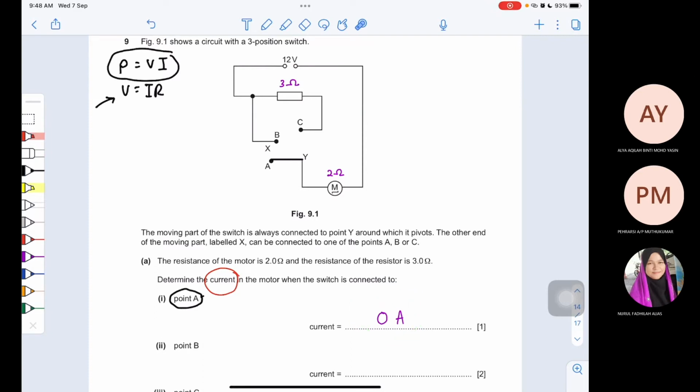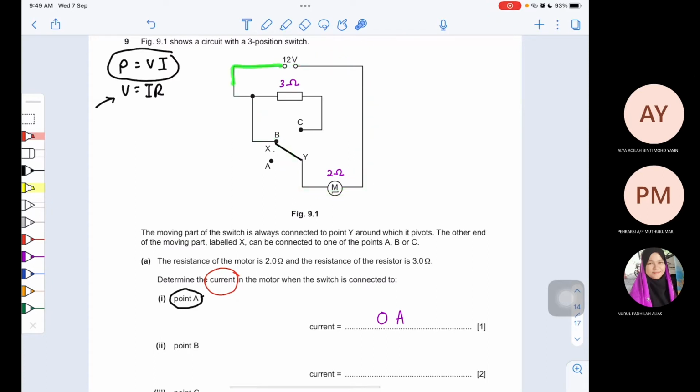Okay, what about point B? Dekat point B, okay, so kalau dia dekat sini, point B, now, okay, dia connected. Okay, so current can flow. Alright, so ini the line of current flowing sini.